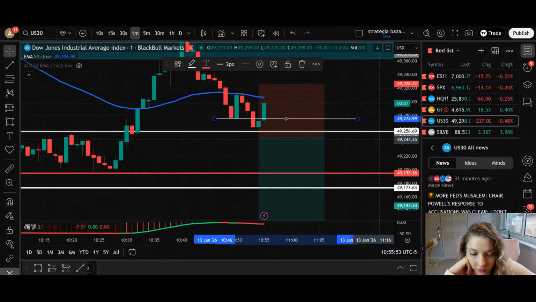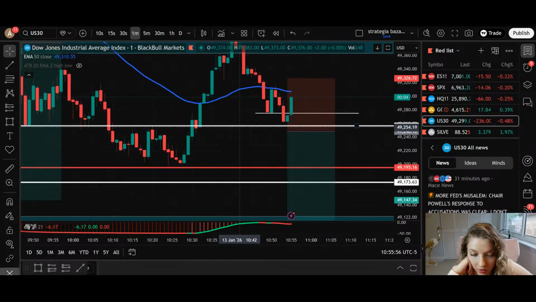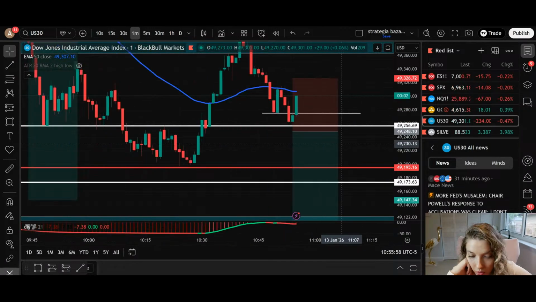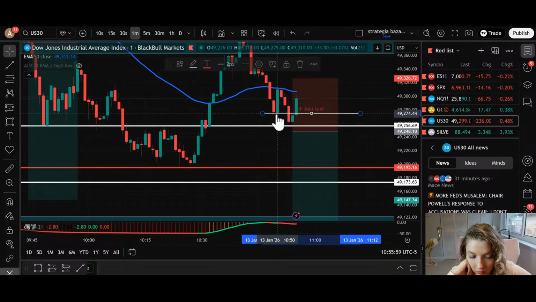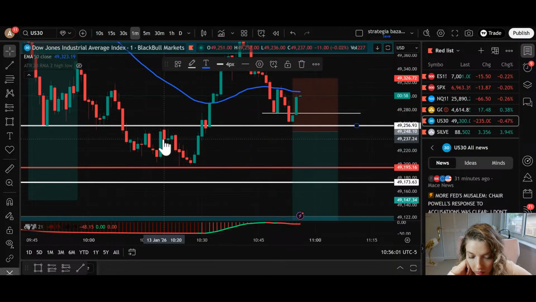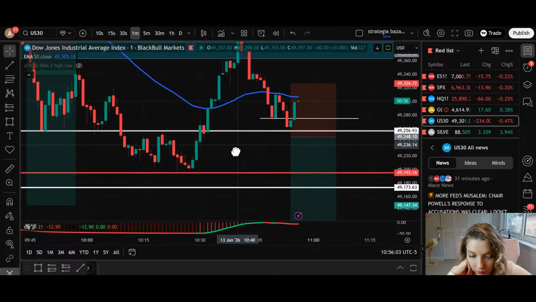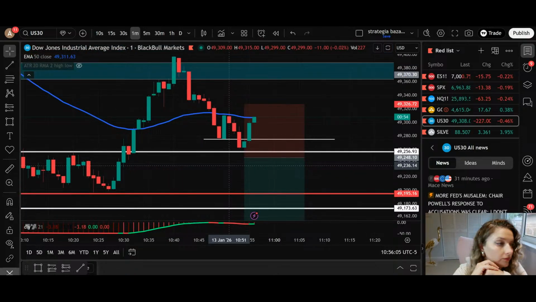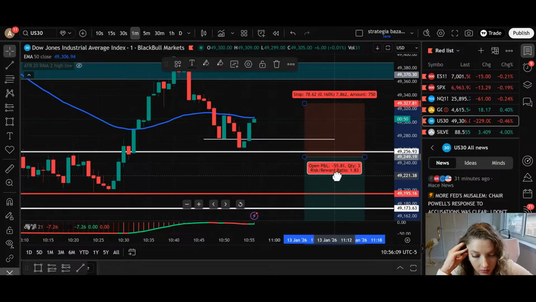So we're waiting for a little bit. I need to get below this white line if I want to go in a short, the base of the W. If not, we're not getting in.